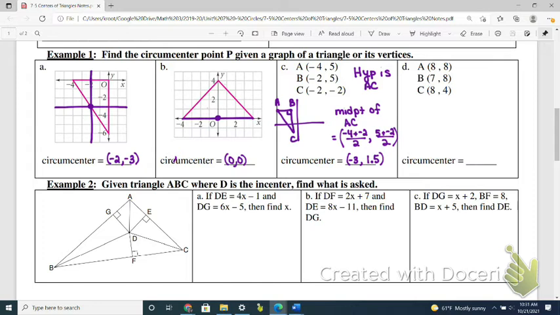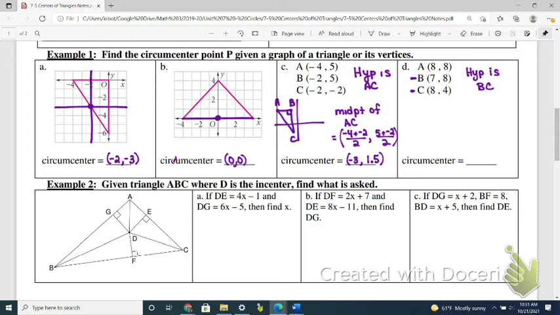Okay, the other way of looking at it is you can find the one that is different. Okay, so if I look at my x coordinates, B is different. If I look at my y coordinates, C is different. So my hypotenuse, because I know all of these are right triangles, is BC.